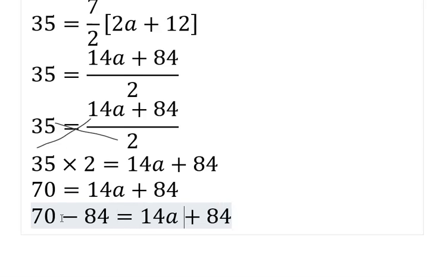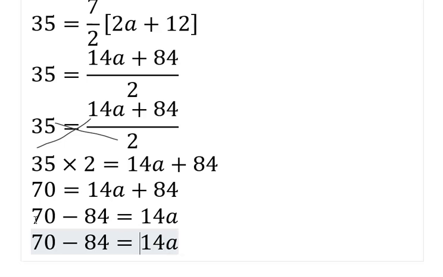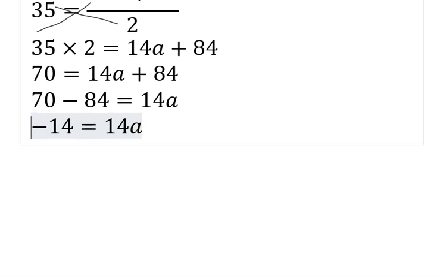Awesome. That's gone to this other end. Beautiful. 70 minus 84 will give us what? Minus 14. Beautiful. So if you divide both sides, because this 14 is actually disturbing our a, we just divide both sides by 14.